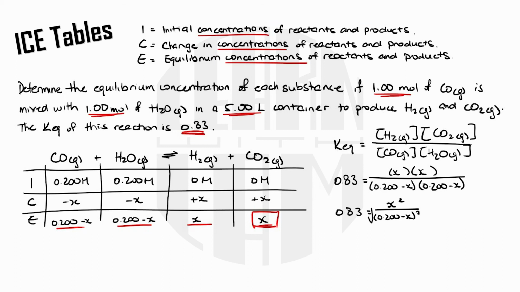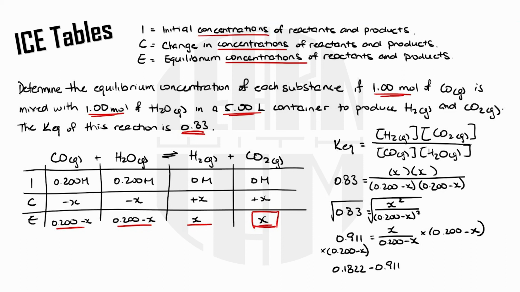Now, if I square root both sides, I get 0.911 equals x over 0.200 minus x. So I'll multiply both sides by the denominator, which gives me 0.1822 minus 0.911x equals x. I'll add 0.911x to both sides to collect like terms.